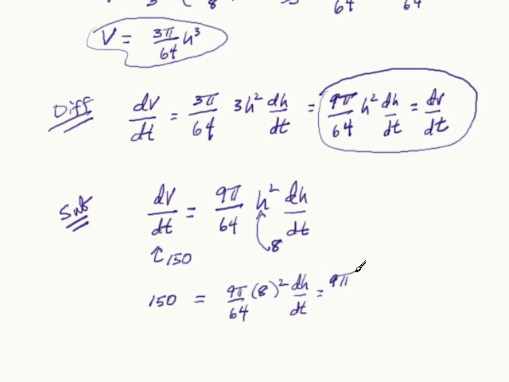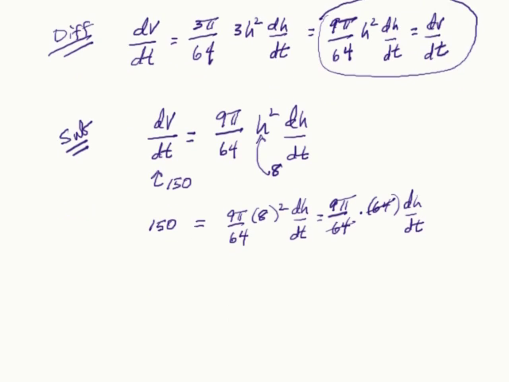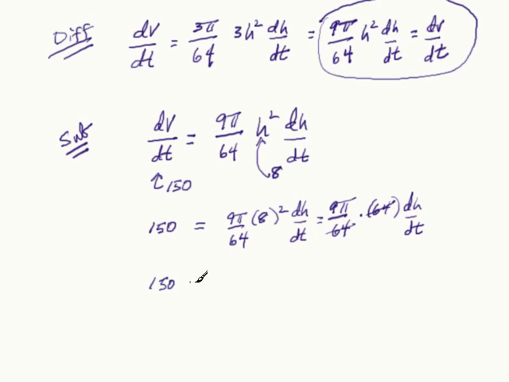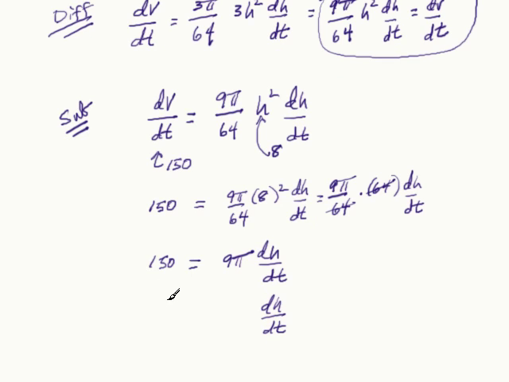That's 9 pi over 64 times 64 dh/dt. Cancel those 64s, and we have 150 is equal to 9 pi dh/dt. And finally, dh/dt is equal to 150 over 9 pi. And that's the result that we were looking for. The units are feet per minute.